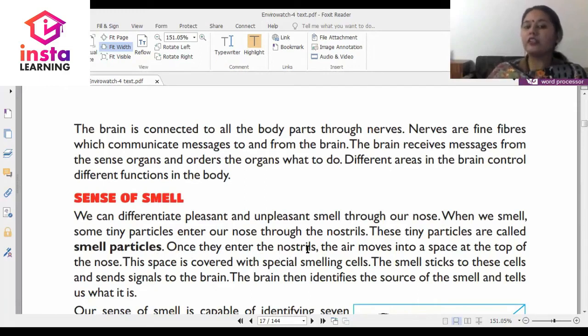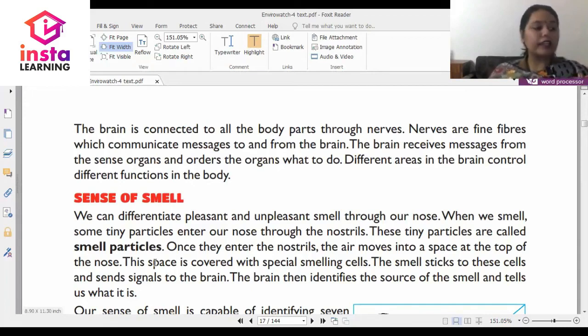Once they enter the nostrils, the air moves into a space at the top of the nose. The space is covered with special smelling cells. The smell sticks to these cells and sends signals to the brain. The brain identifies the source of the smell and tells us what it is.